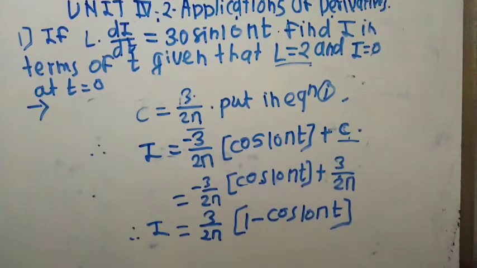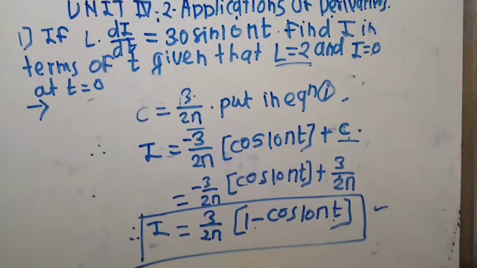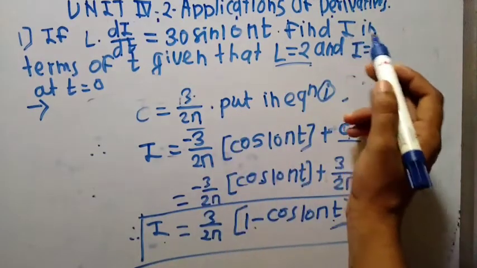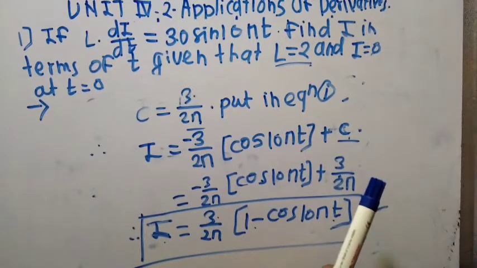Hence I is equal to 3 by 2 pi into 1 minus cos 10 pi t. We had to find I, so I is equal to 3 by 2 pi into 1 minus cos 10 pi t.